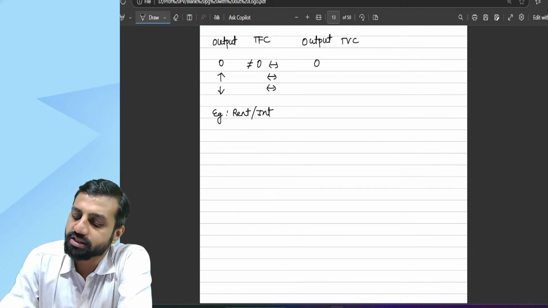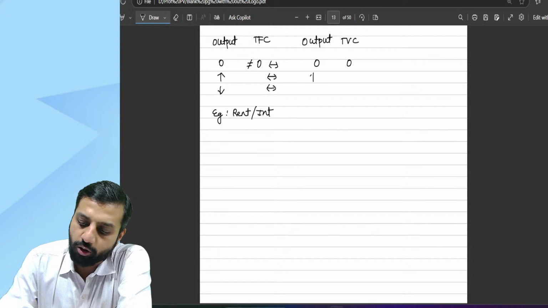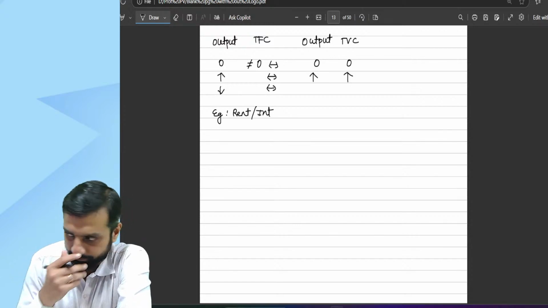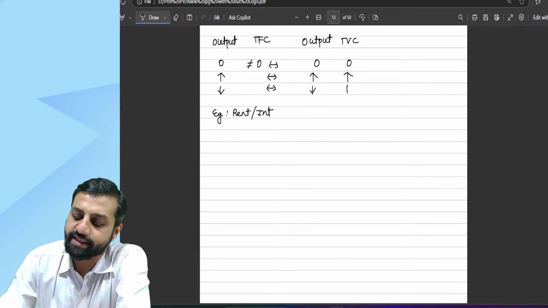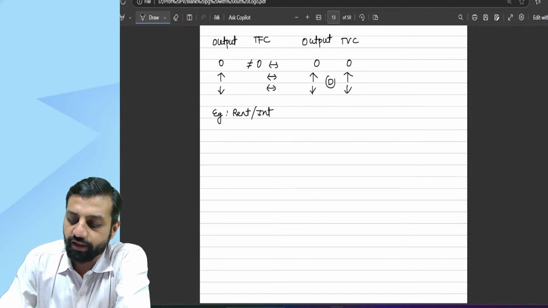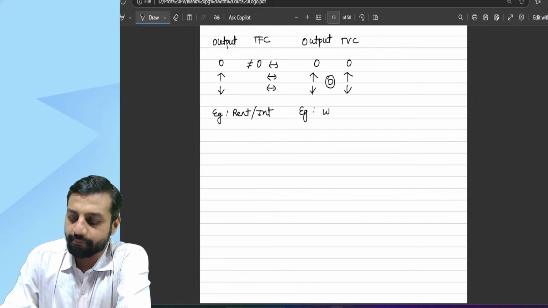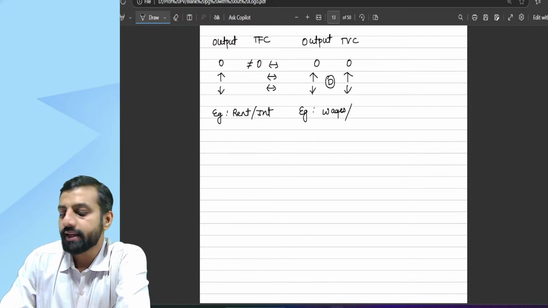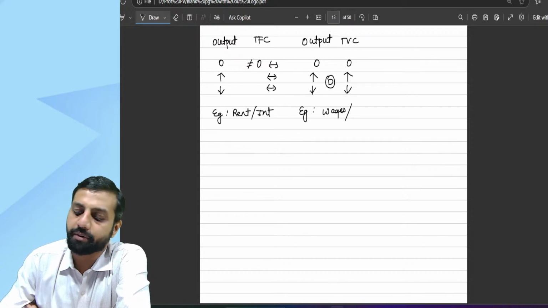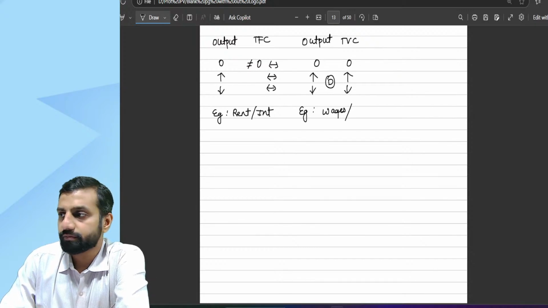But variable cost can be zero. If output is zero, variable cost is zero. If output is higher, variable cost is higher. If output is less, variable cost is less. An example of a variable cost is wages.